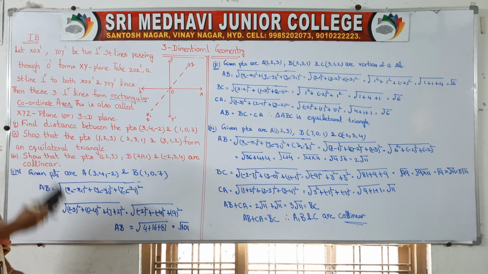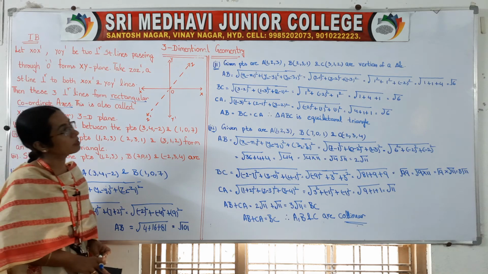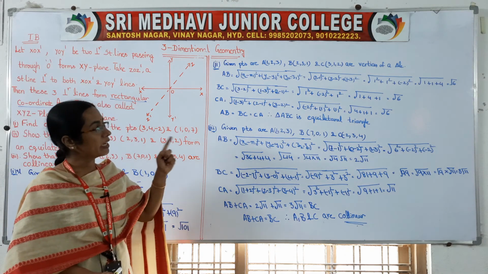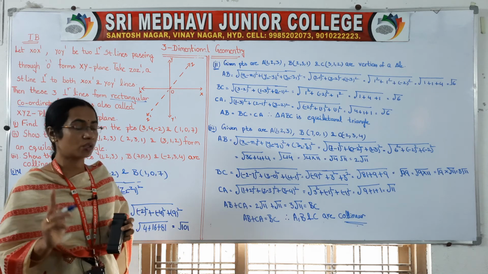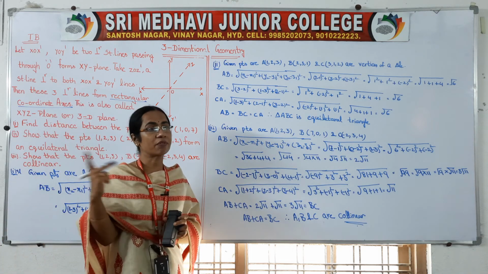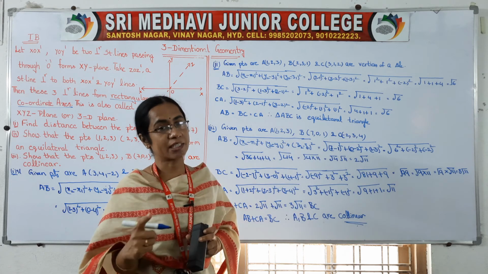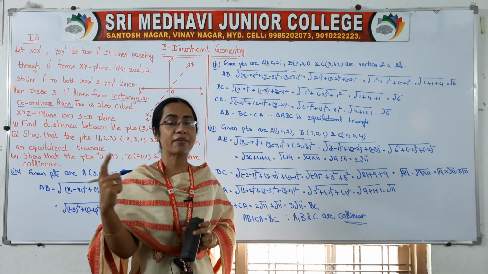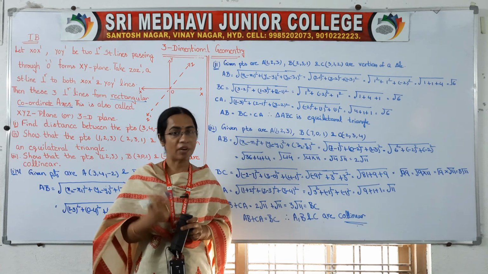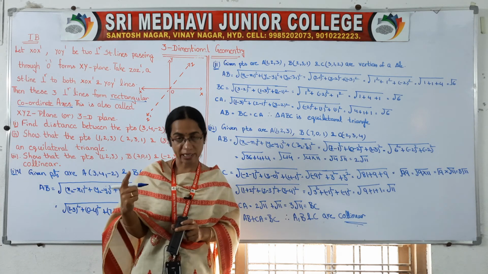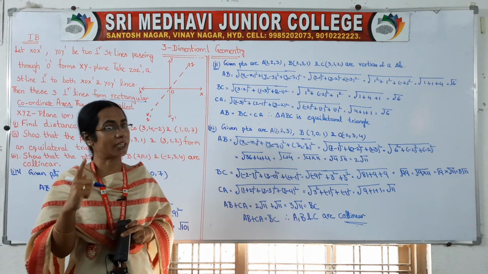Next, show that these points form an equilateral triangle. An equilateral triangle can be proved in two ways. One way is that all the angles in the triangle are equal, that means 60, 60, 60. You know it very well, the sum of the angles should be 180. So we have to prove angle A is equal to angle B is equal to angle C is equal to 60. That is one method.